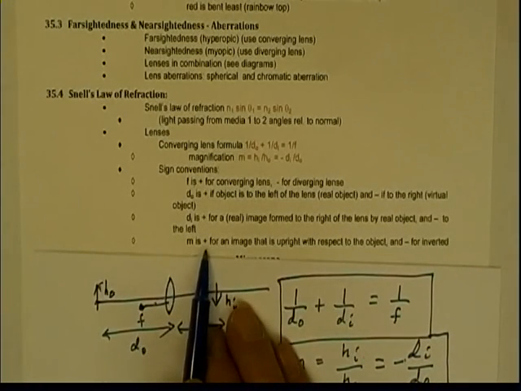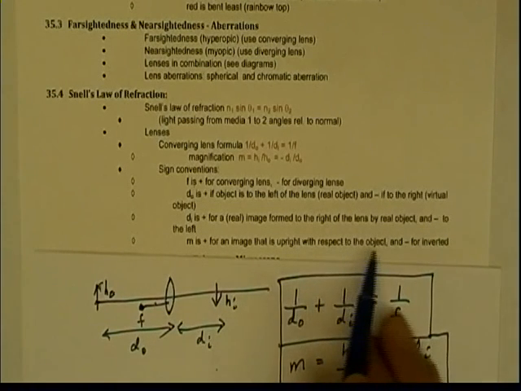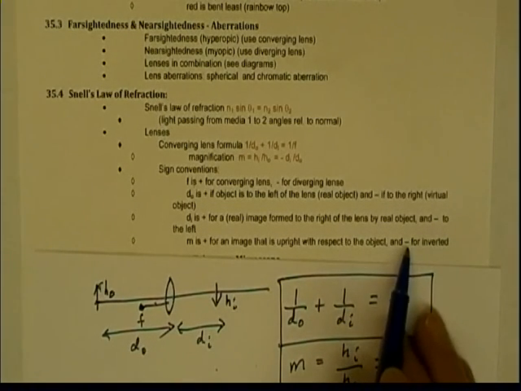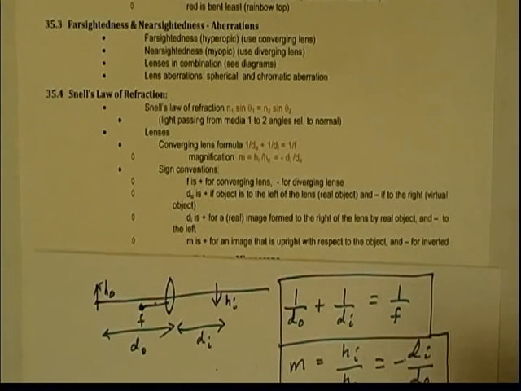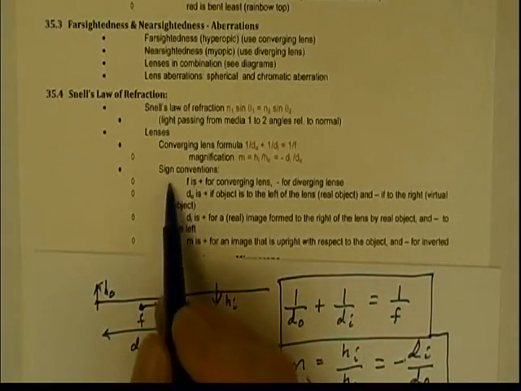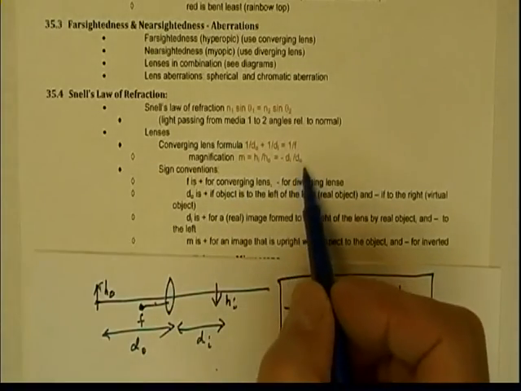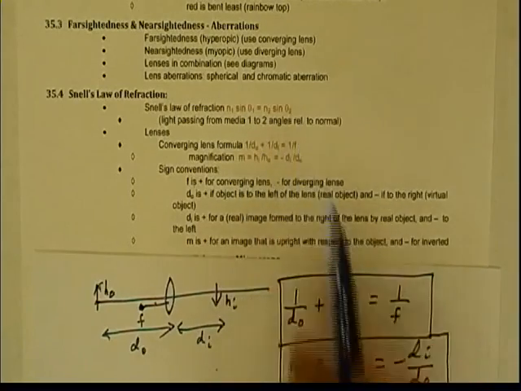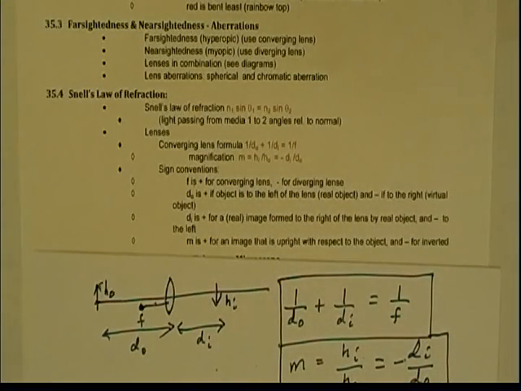The magnification is positive for an image that's upright with respect to the object, and negative for an inverted image, and it gives us the degree of magnification by its magnitude. Learn these three conventions, these two equations, and Snell's law of refraction, because they are all very critical.